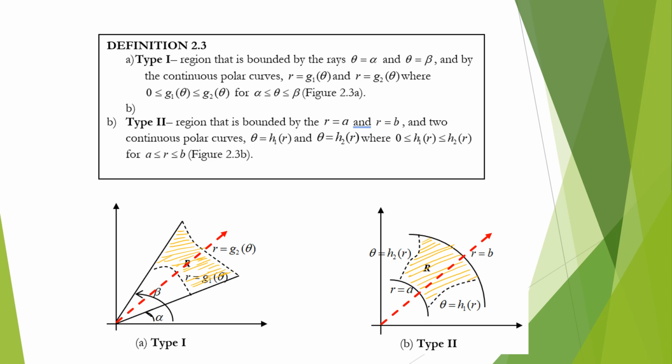Type 1 is a region that is bounded by the rays theta equals alpha and theta equals beta. Here is theta equals alpha, and here is theta equals beta.